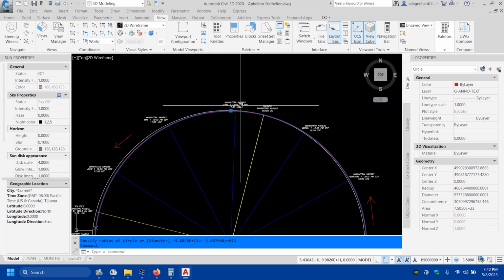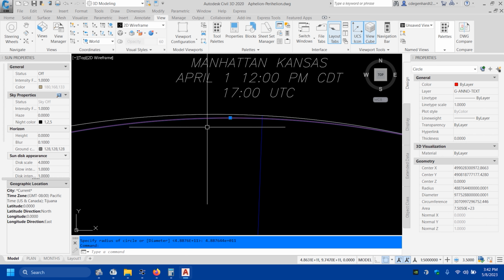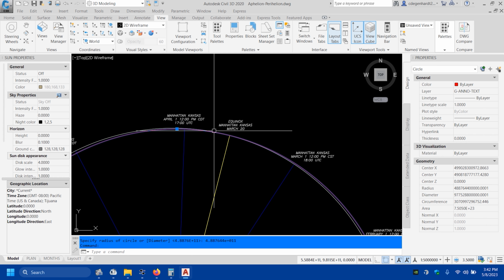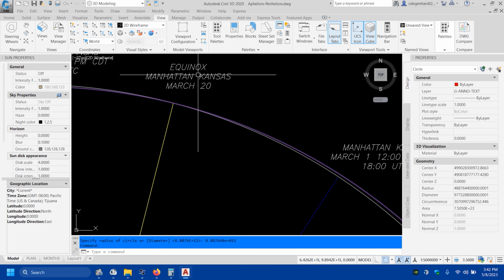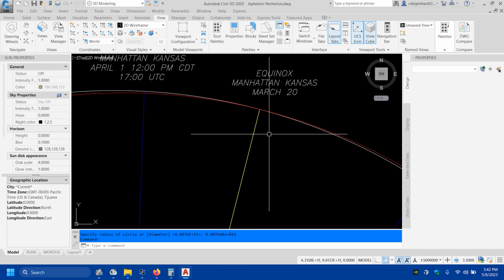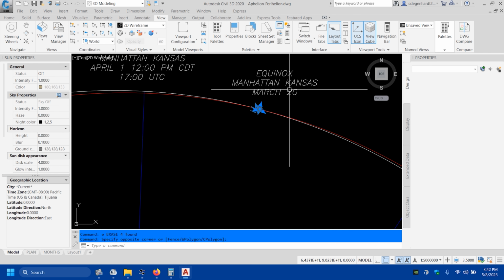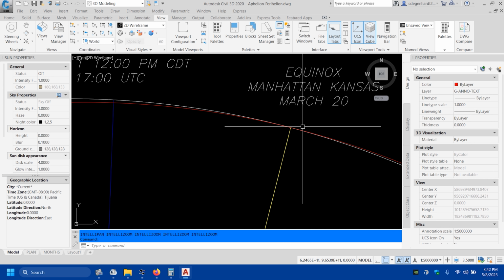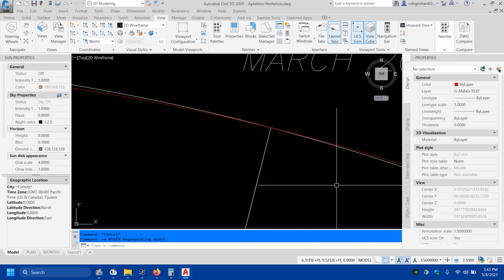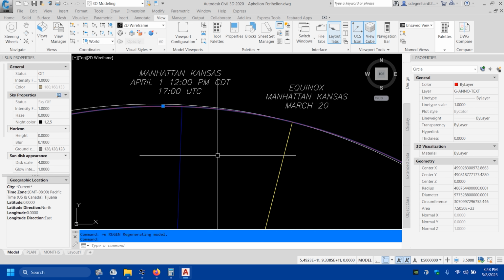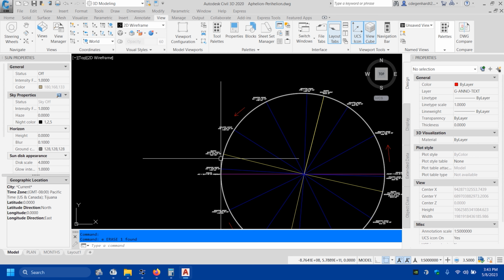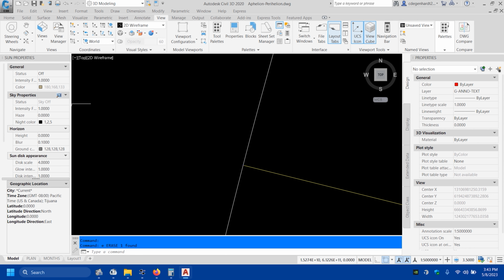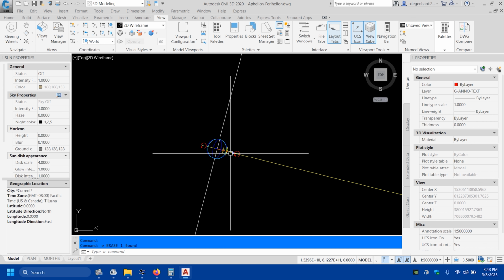So the line goes below here and it goes above here, so I know it's somewhere in between. This stuff right here would not be here, so that's for me to locate it. You can see it crosses about where I got it. So I would grab the solstice, because that's where you get your axis from.